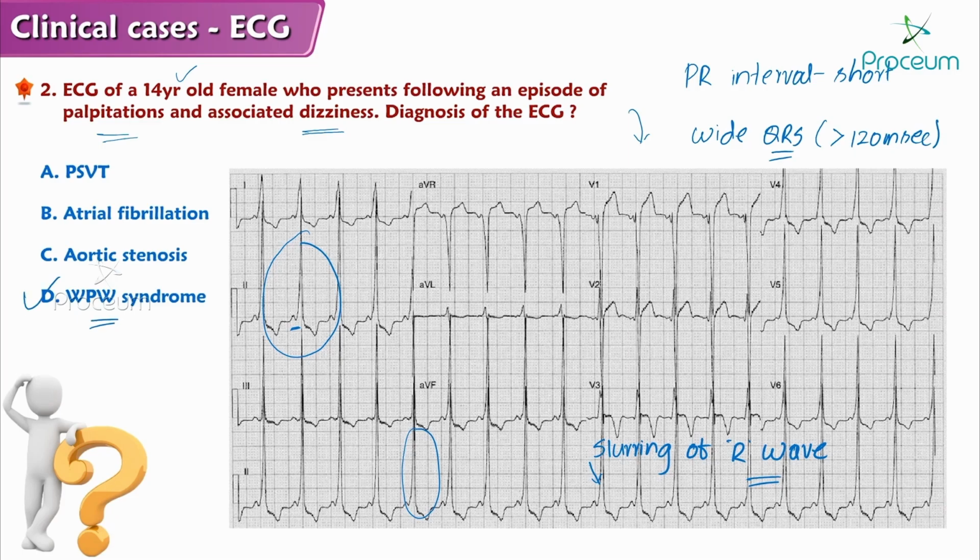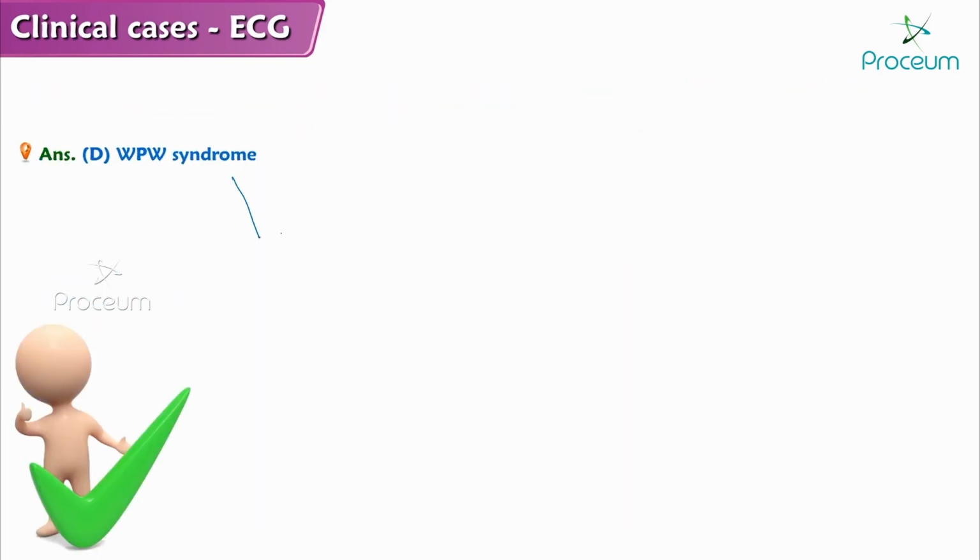So in WPW syndrome, the clinical presentation of the patient can be in the form of palpitations as well as dizziness. So what is this WPW syndrome? It is a pre-excitation syndrome where the individual has the presence of an accessory bundle, and that particular accessory bundle is the bundle of Kent.